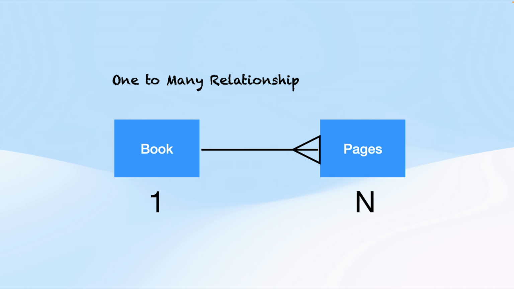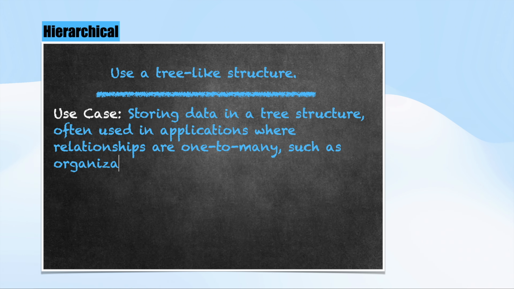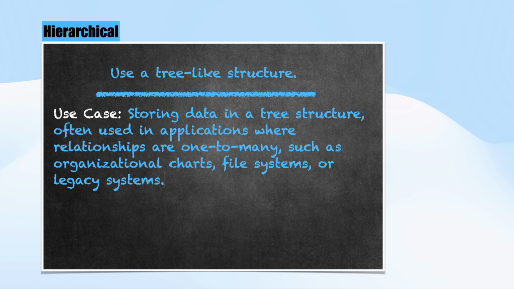For example, a company might have one parent node for the entire organization with child nodes representing different departments, teams, or employees. Hierarchical databases are commonly used in scenarios like organizational charts, exactly, where each department has a manager and every employee is part of the team.